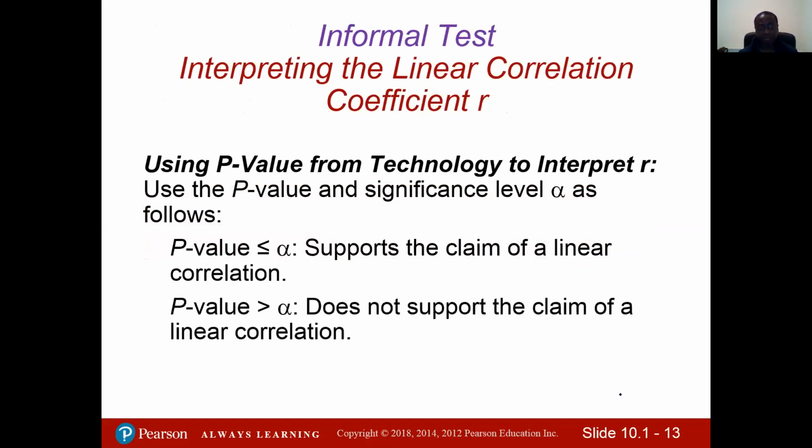Now, here's an informal test that we did in section 2.4. We can use the table or find a p-value. And alpha is the significance level. So as always, if the p-value is less than alpha, we have evidence to support the claim.